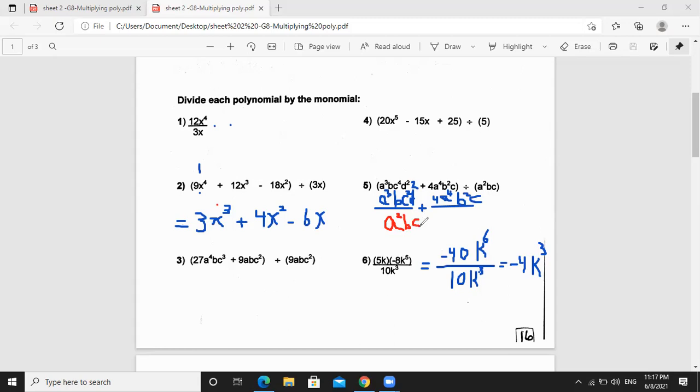Okay, then you can answer the question directly. Just take the first term divided by 3x, the second term divided by 3x, and so on. If you want to separate the question like this, it's up to you, no problem.